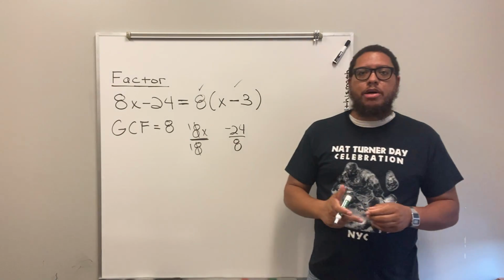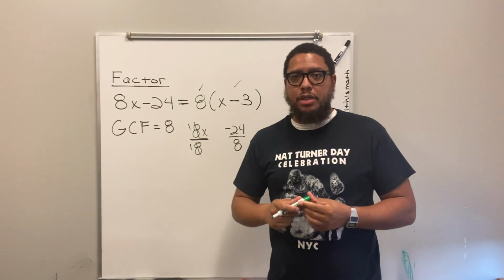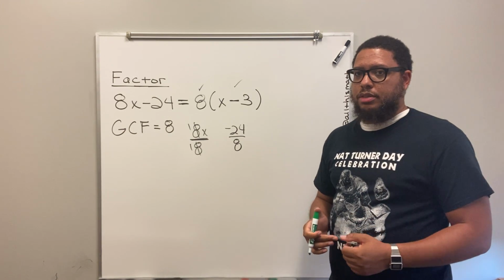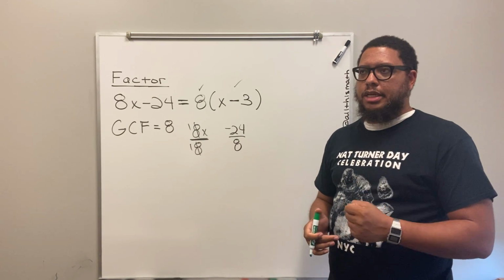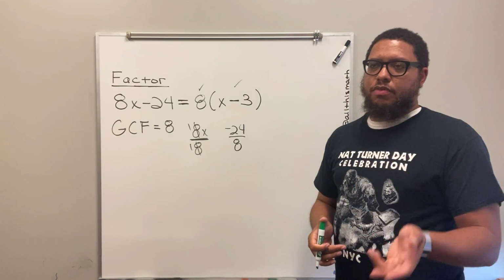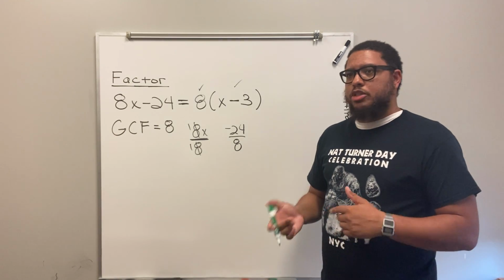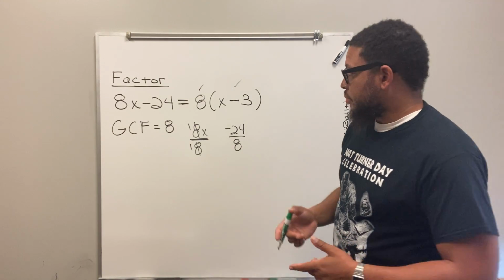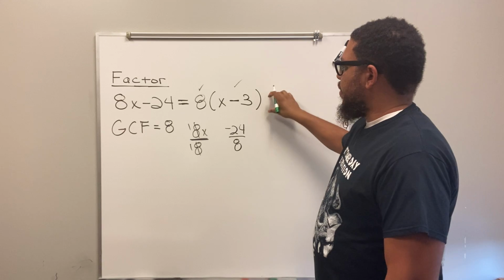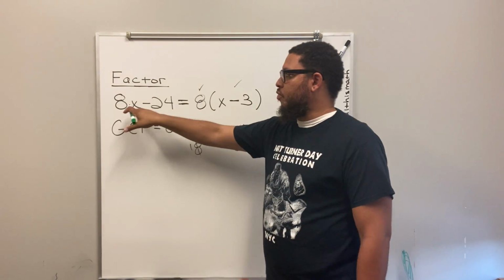I would multiply using the distributive property, because multiplication is the opposite of factoring, right? Or I should say distributing is the opposite of factoring, because in reality, multiplication is the opposite of division, right? So if I multiply this out, my product should be equal to the original expression.